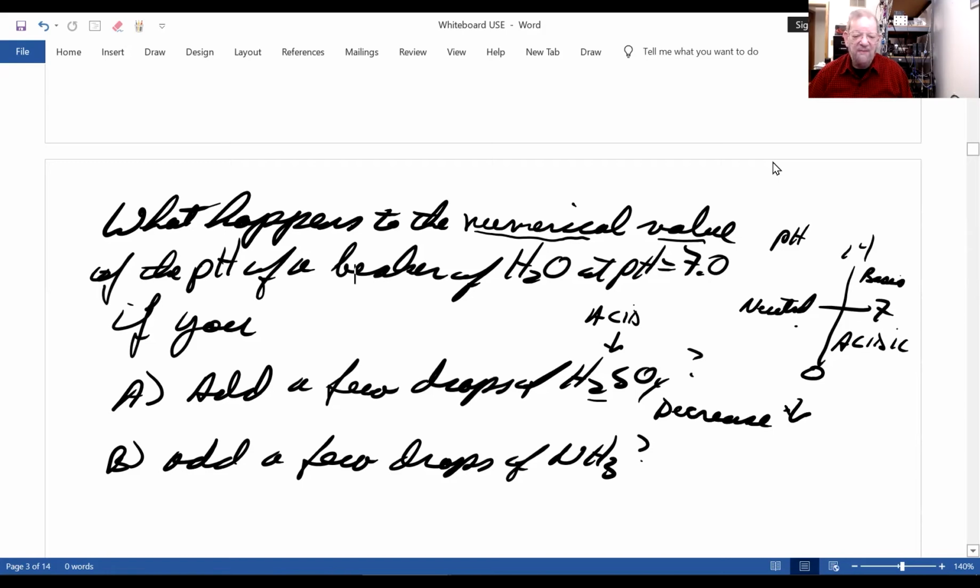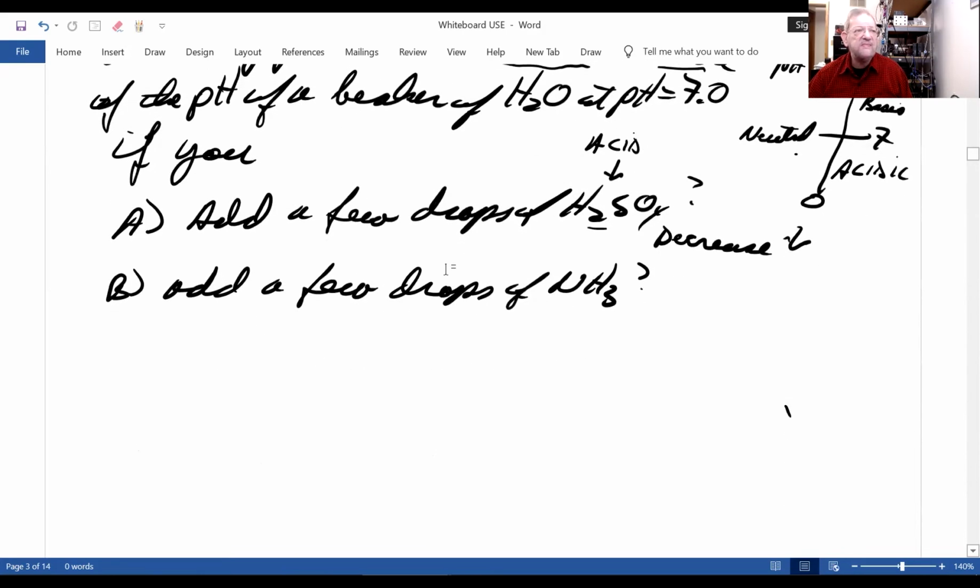Now, ammonia is a base, very strong base. And if you look at the pH scale, when you add a base, something becomes basic, the pH will increase.